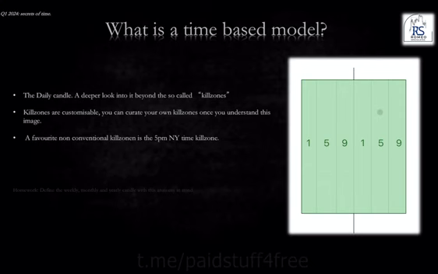Now the plug aside, 159, 159 is what shapes the daily candle. Once you realize this, you realize that kill zones are customizable, right? You can curate your own kill zones once you understand this image.